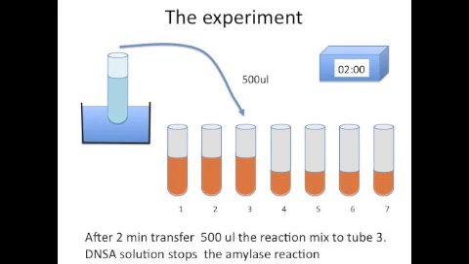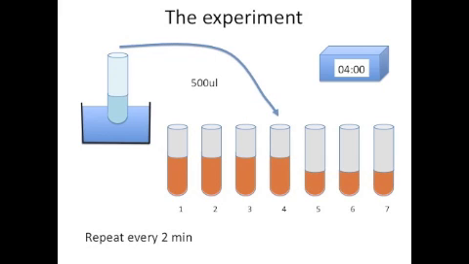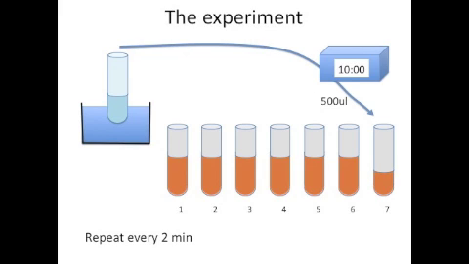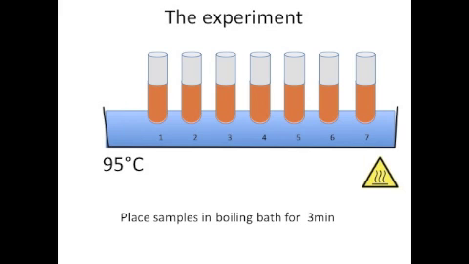Therefore, this will be your 2-minute point. You're going to repeat this every 2 minutes so that you will have a recording of the reaction every 2 minutes. At 10 minutes, you'll be adding the last sample to tube number 7.